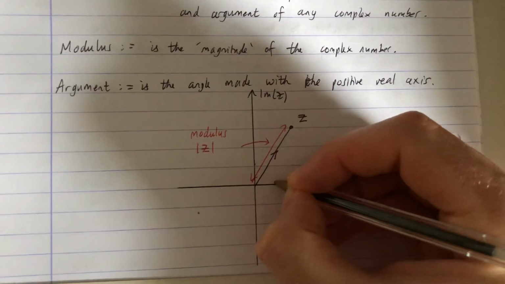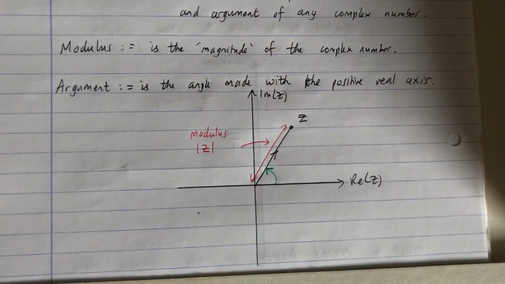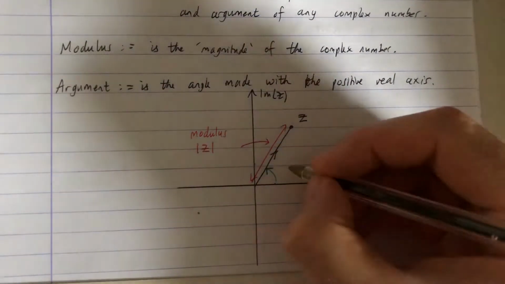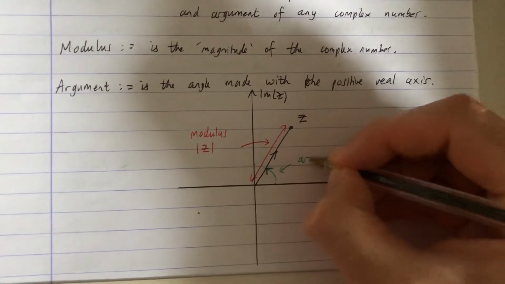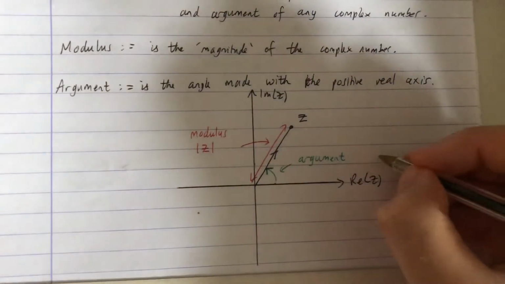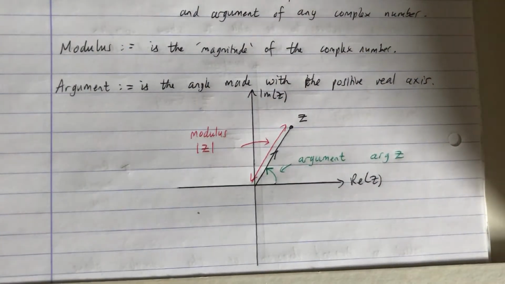And remember, angles going in this direction are positive. Anti-clockwise is a positive angle. So this is called the argument, which is abbreviated to arg z, argument of z.